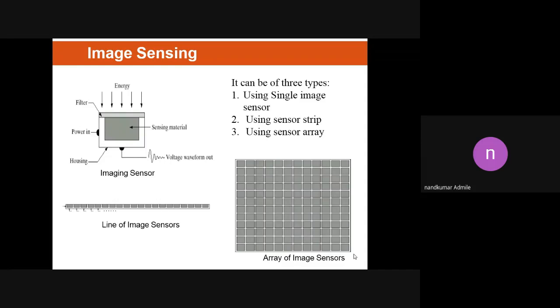Okay, do you have any doubt in unit number 1? Any difficult part that is not understood? No, sir. Okay.